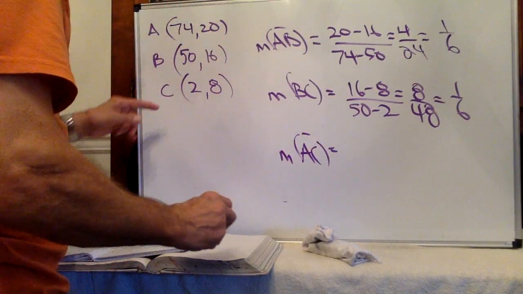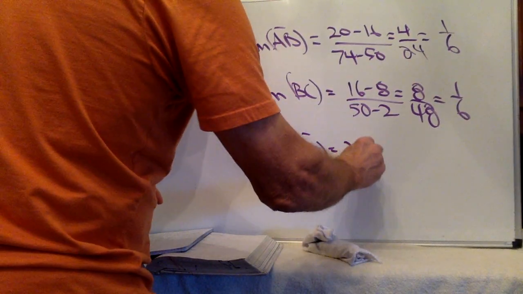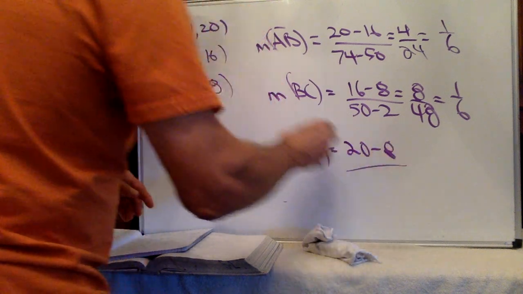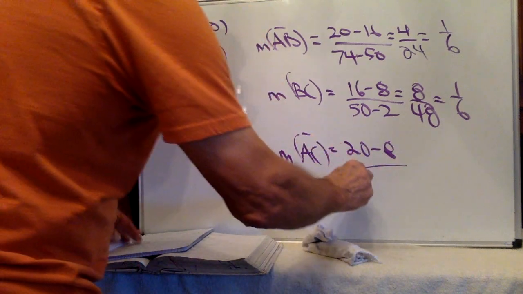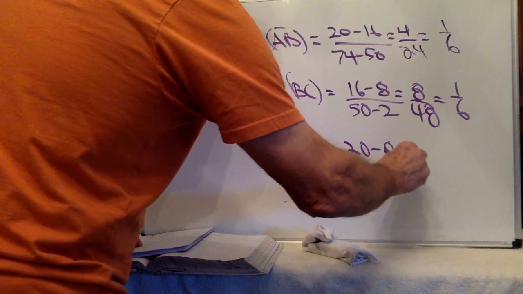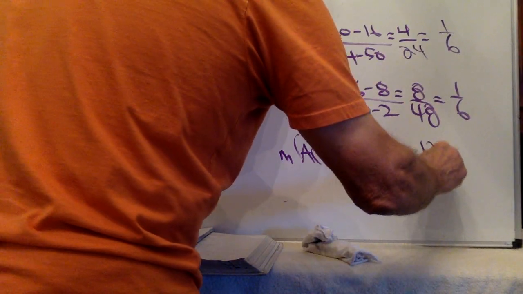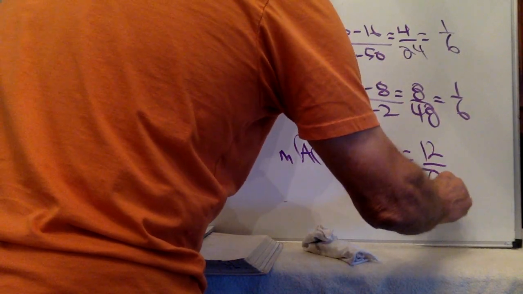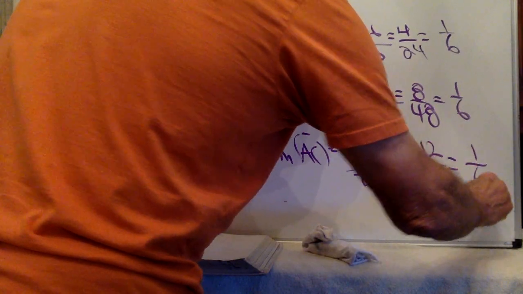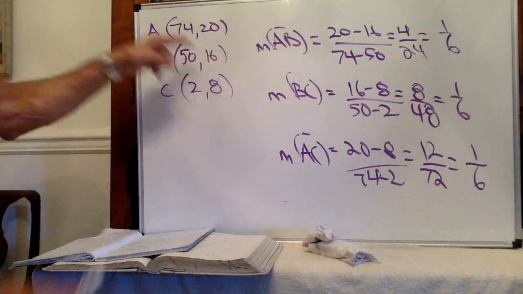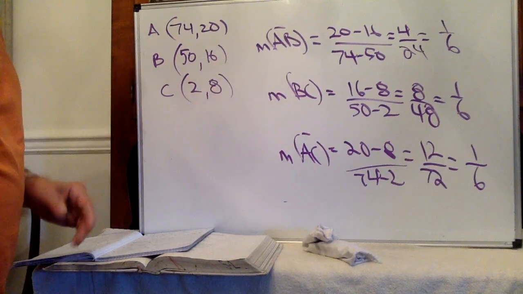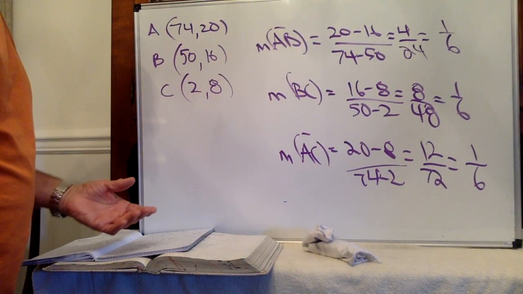If they are in fact collinear, 20 minus 8 over 74 minus 2. 20 minus 8 is 12 over 72, which is reduced to 1/6. The slope between any two of those 3 points is the same exact number, 1/6.